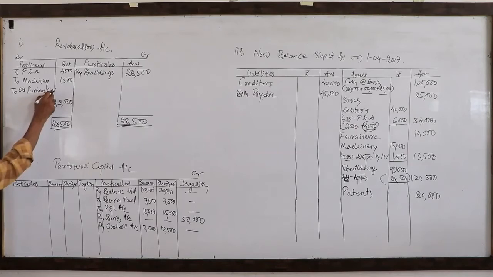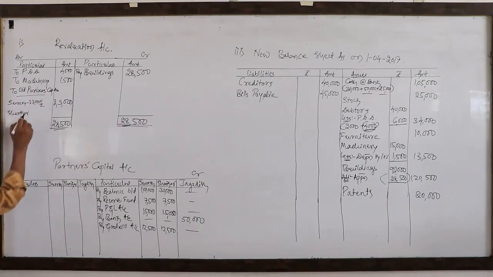We need to distribute it among the old partners, namely Suresh and one more partner, that is Shankar, equally. 23,000 into 1 by 2.